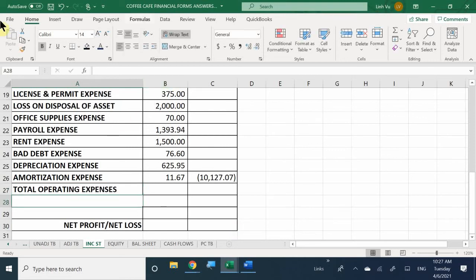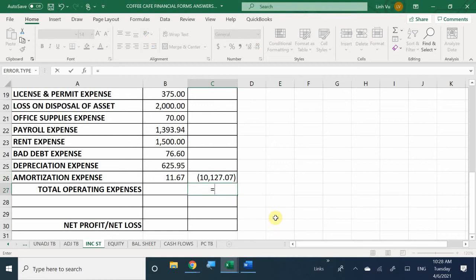Okay, and that's going to be right on line. Yes, this number should be here. Let me see if I can move it down. Nope, can't move it down. So equal negative sum.